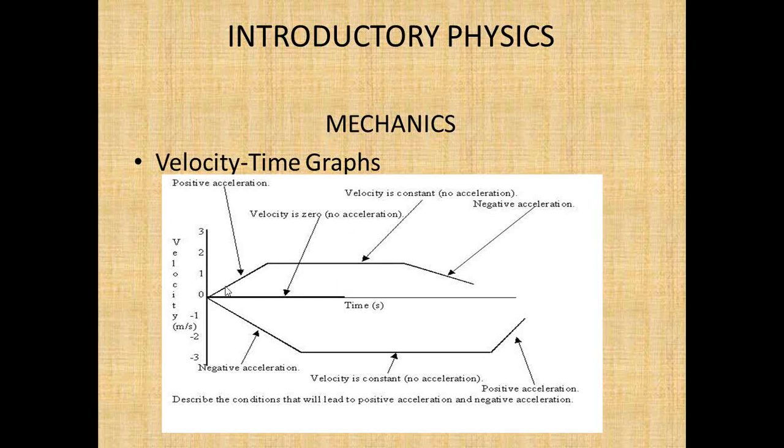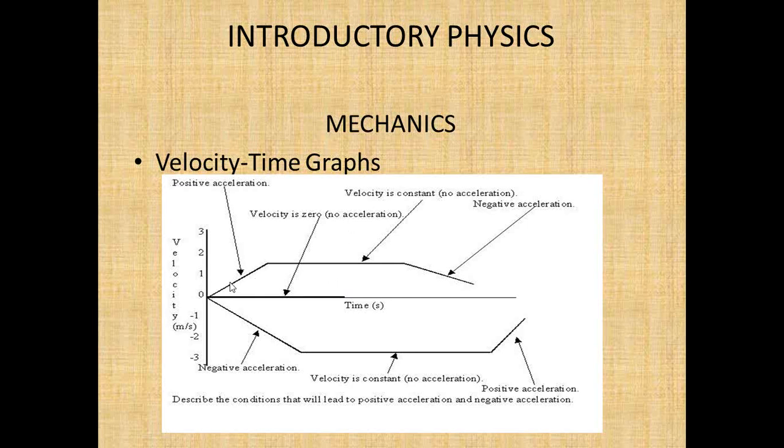A straight line in your velocity time graph tells you that you have positive acceleration, because when you do the slope, you get a positive number. It slopes upwards, so it's a positive number.